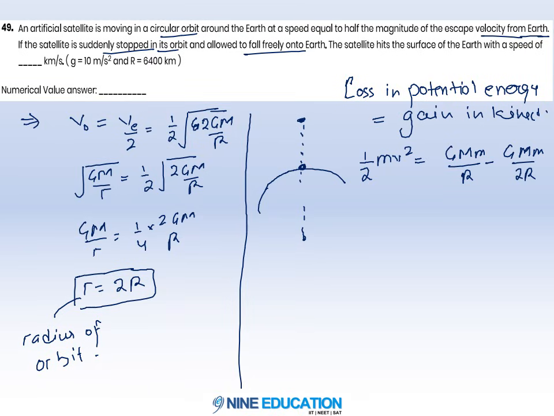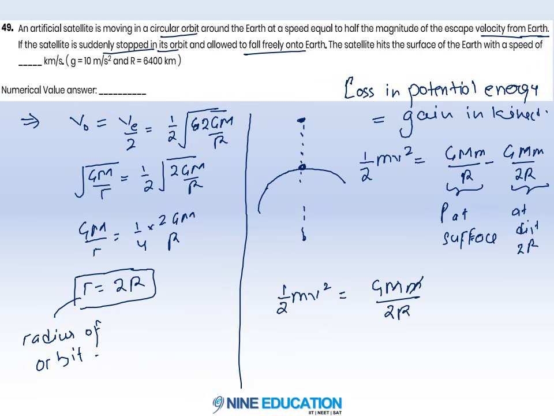This is potential energy at the surface, and this is at distance 2R. So from here we get half mv square equals GM by 2R. So m cancels, 2 cancels.